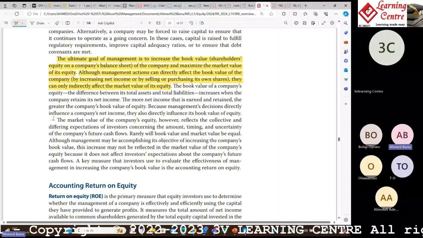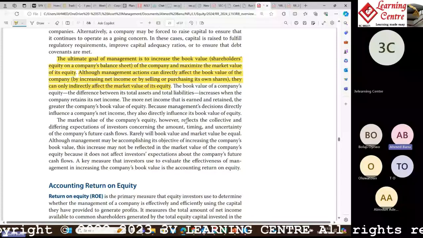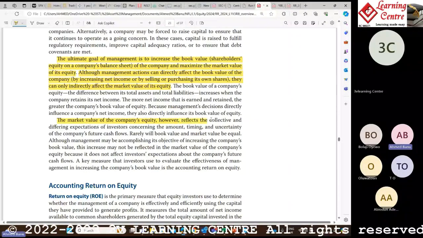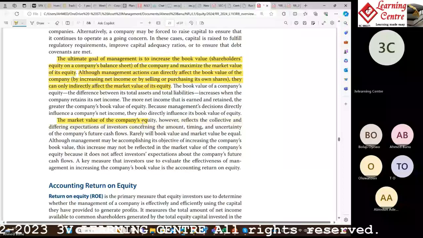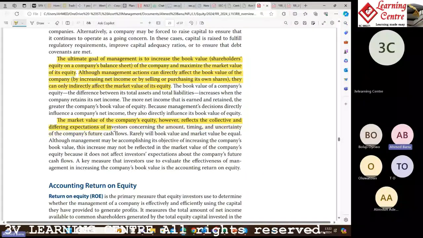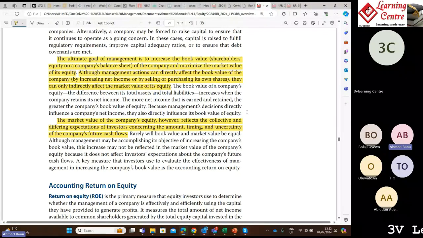The market value of the company's equity, however, reflects the collective and differing expectations of investors concerning the amount, timing, and uncertainty of the company's future cash flows. Like I said, your market value cannot be controlled by the company. It's controlled by investors, from the perspective of how investors perceive what the management and the company is doing and achieving.